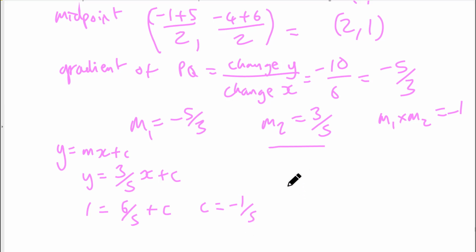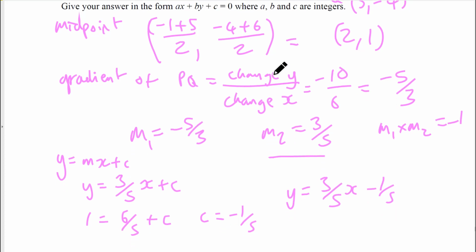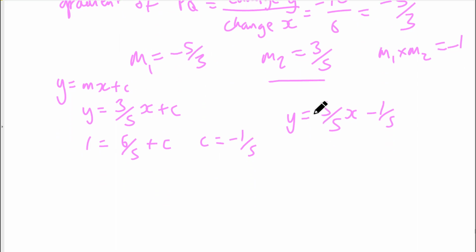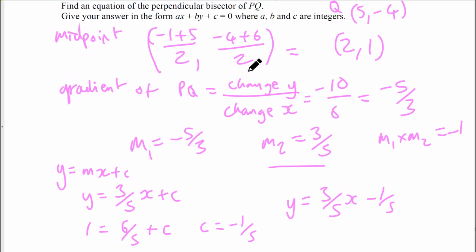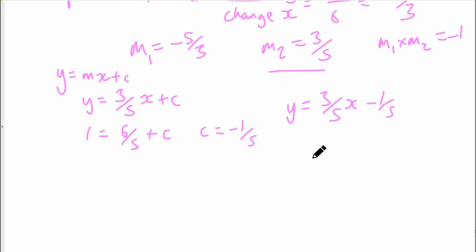So we're going to get y equals 3 over 5 x minus 1 over 5. Now I'm pretty sure it's just to do it in this form. Easily done. Let's just multiply everything by 5 because a, b and c are integers, whole numbers. So times both sides by 5, we're going to get 5y equals 3x minus 1. Let's bring it all over.